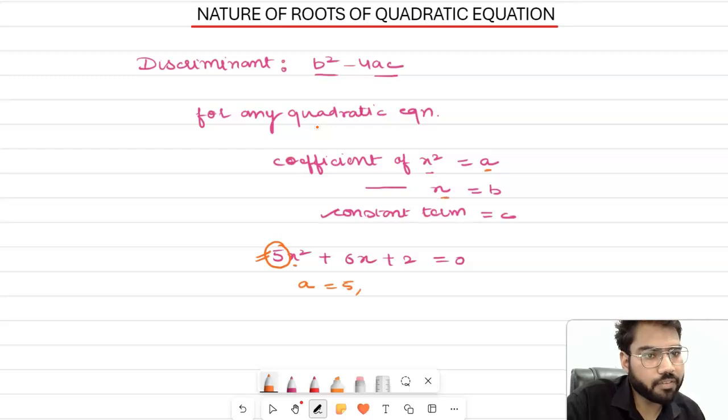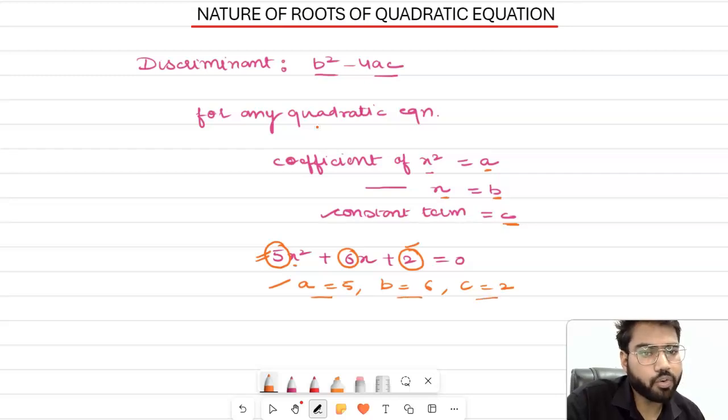Coefficient of x is denoted by b, so here the value of b is 6, and the constant term, denoted by c, which is free from any kind of variable, is 2. So now we have a as 5, b as 6, and c as 2.